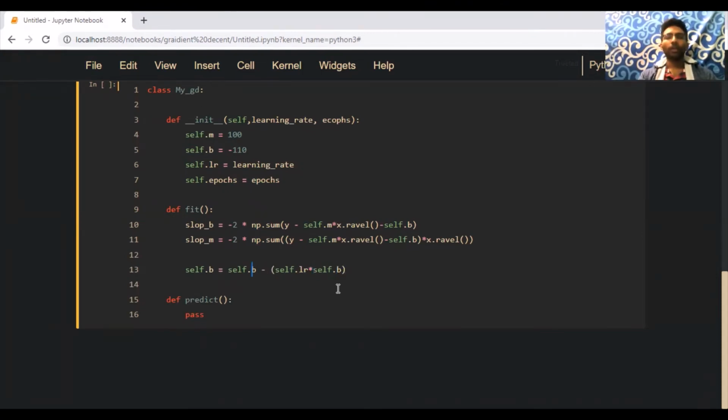The formula for reaching the new point is: new value equals old value minus the learning rate into the old slope. The same can be done for the m part. So I will tell you what is happening. There is a very crucial catch here.